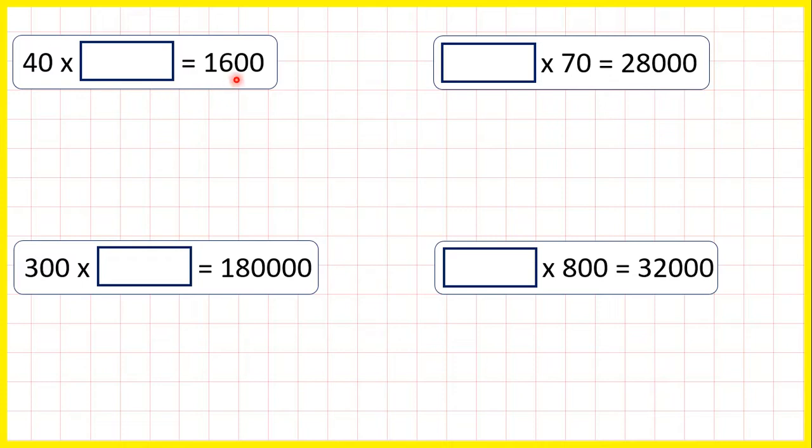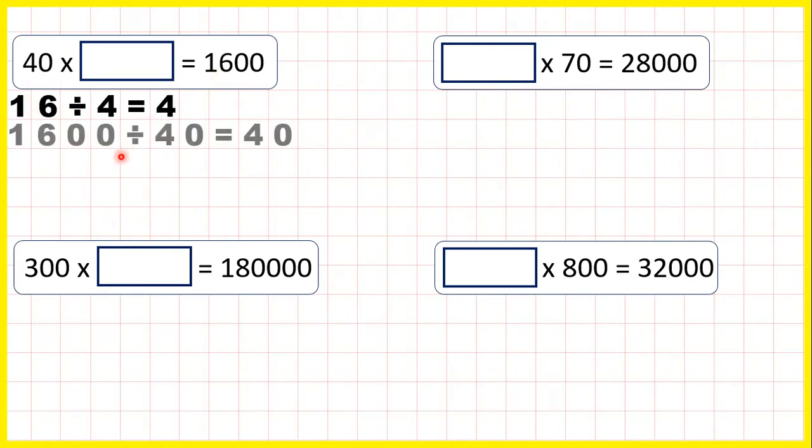is 1600. It's a missing number multiplication, so we can use division to find our answer. We know that 16 divided by 4 is 4, so 1600 divided by 40 is 40.